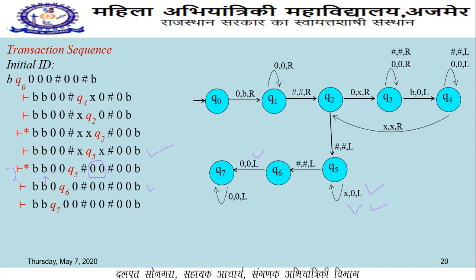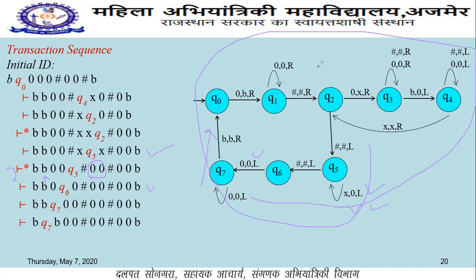And again, when we come to this situation, reading blank at q7, this blank is passed over, and we take a right turn and change the state to q0. This brings us back to the next 0 in the m occurrences of 0, so this whole process is repeated again. I think you understand this. So let's see what happens.